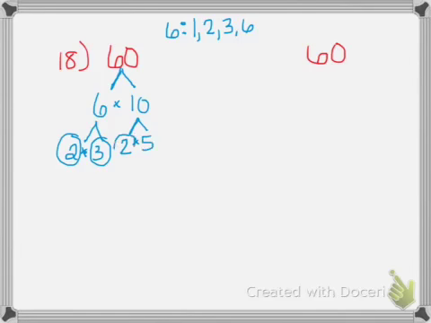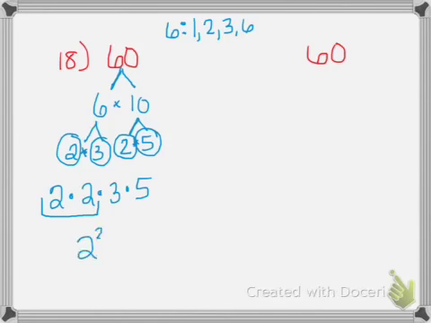Now 2 is prime, so I'm going to circle it, and 5 is prime, and I'm done. When I write this, remember I want to write from least to greatest, so I'll start with 2 times 2 times 3 times 5, and now I can actually write this using exponential notation because I have two 2's. So this will be 2 to the power of 2 times 3 times 5.